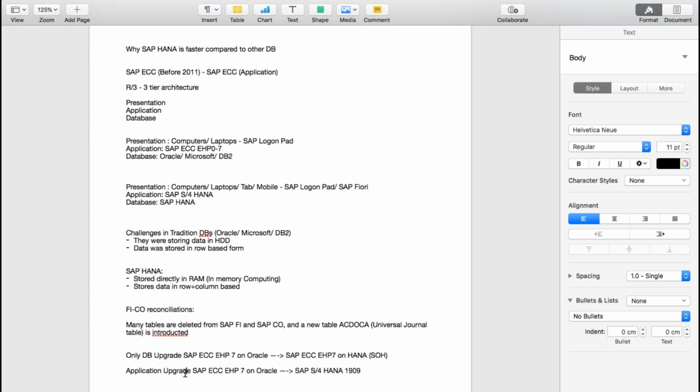So one is application upgrade, second is database upgrade. You have both options. Many customers want to do the database upgrade first and then the application upgrade. Many customers want to do both at the same time. When they upgrade the application, the database is automatically upgraded also.